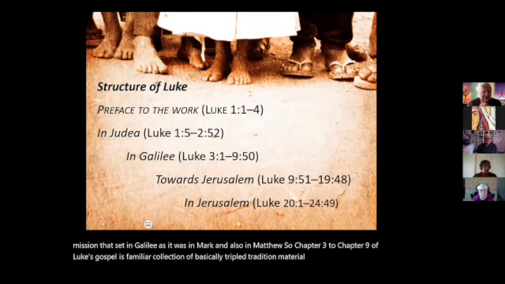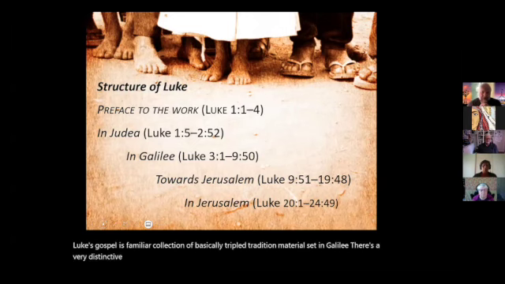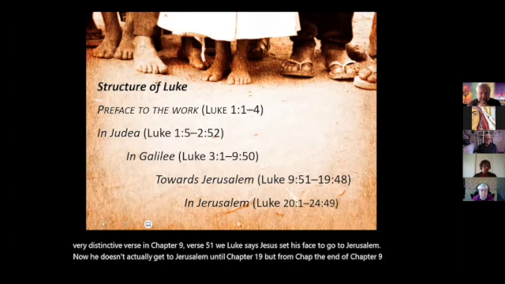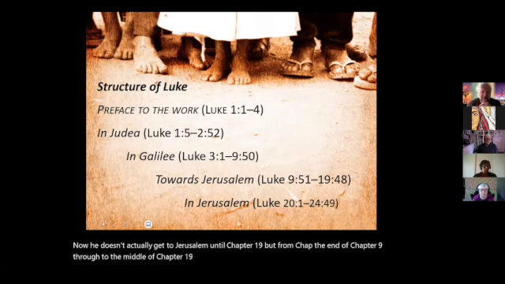There's a very distinctive verse in chapter 9, verse 51, where Luke says Jesus set his face to go to Jerusalem. Now, he doesn't actually get to Jerusalem until chapter 19, but from the end of chapter 9 through to the middle of chapter 19, Jesus is on the way.